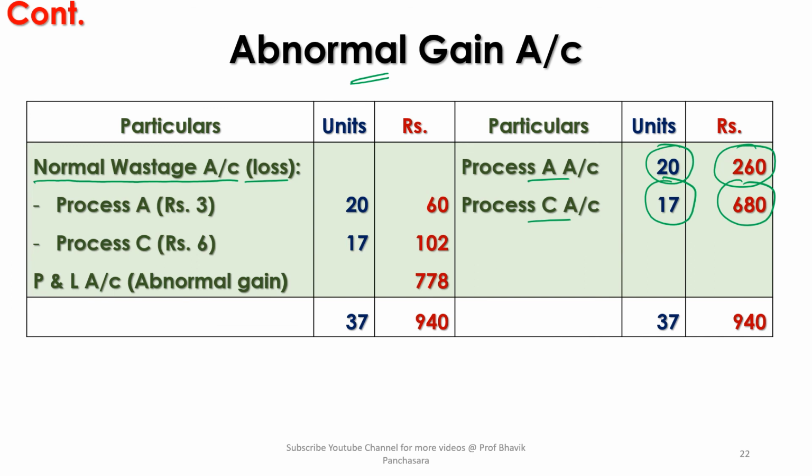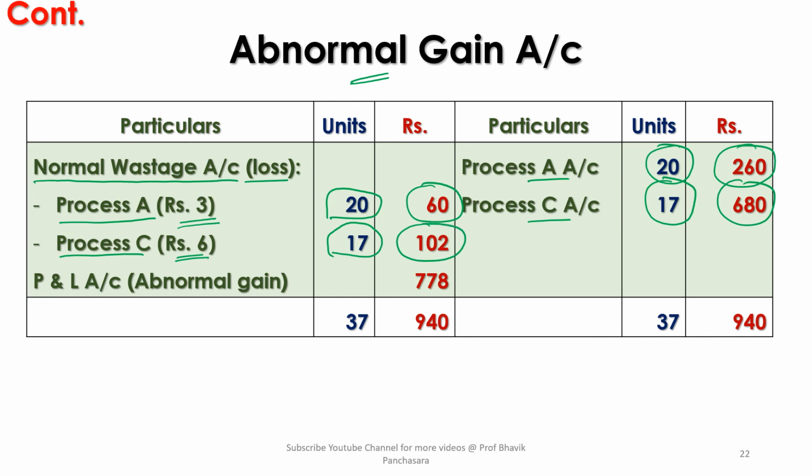Gain means these units are good. Okay, so here there is a loss in normal wastage. So for process A, there is a loss of 20 units in normal wastage at the scrap value of rupees 3 per unit. So here the total loss in normal wastage is 60 rupees. Same way in process C, loss of 17 units at the rate of rupees 6. So total loss is 102.